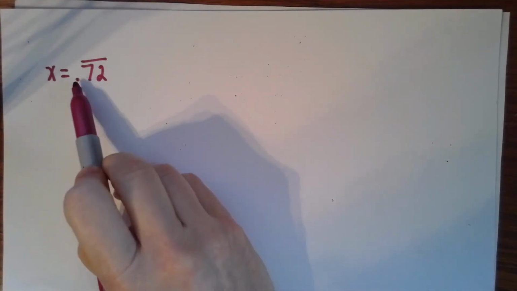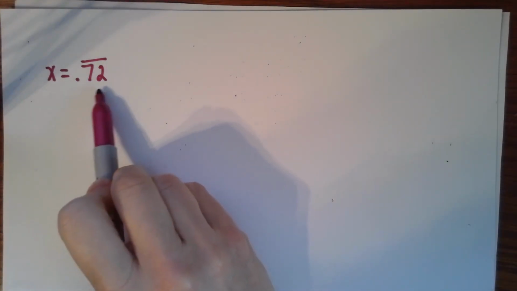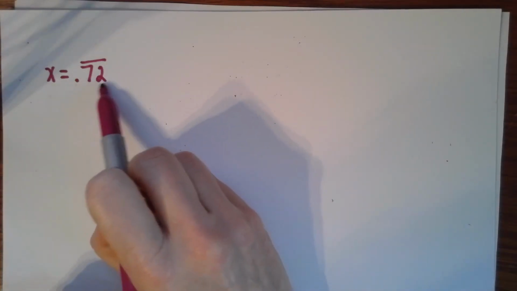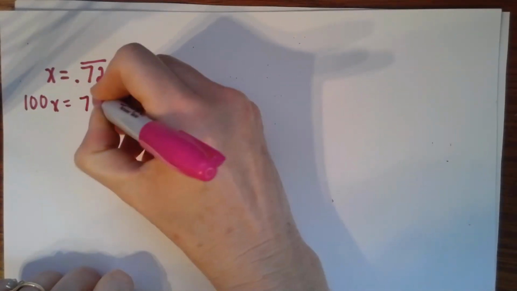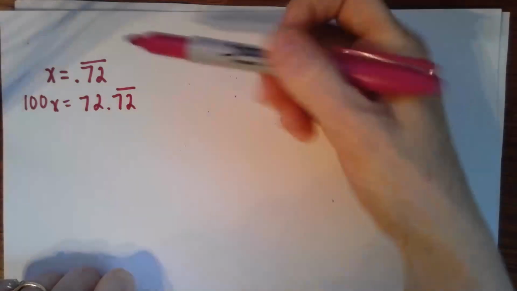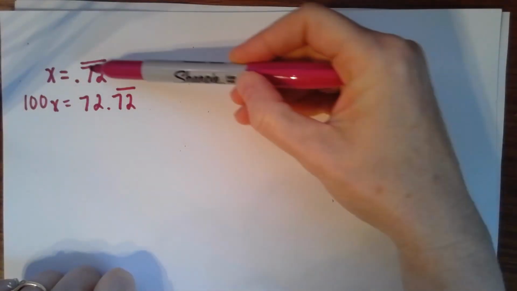Our goal is to take the decimal point and move it past the chunk that repeats. If I move it two places, which is multiplying by 100, I can move it past that part that repeats. So I'm going to multiply both sides by 100. So 100x equals 72.72 repeating.